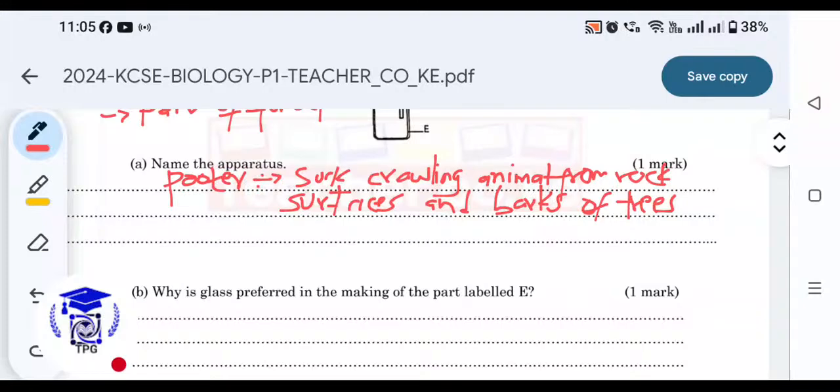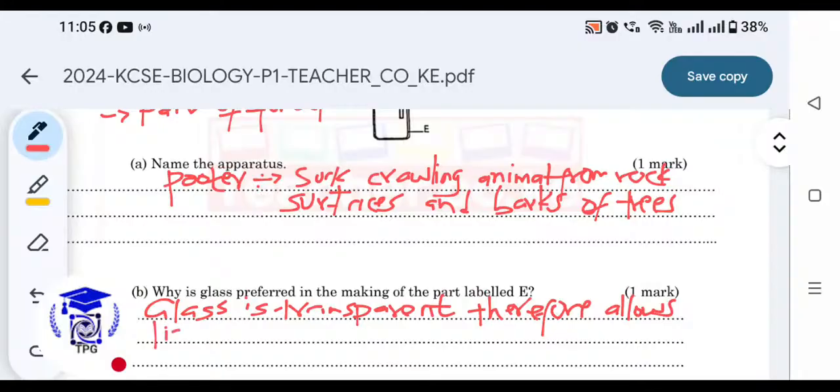The reason why we prefer glass is because glass is transparent, therefore it allows light into the specimen niche.